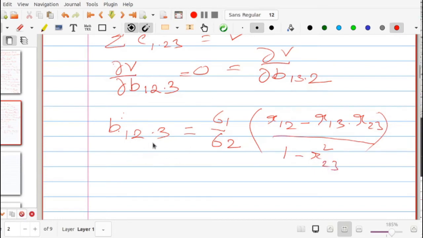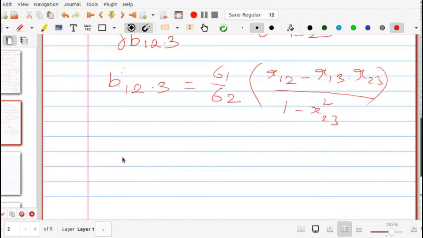So this is the relation between the regression coefficient of 1 on 2 keeping 3 fixed and the correlation coefficients. This is an important outcome. Similarly, we have another coefficient, and we will subsequently plot this in R and see how to find it out so easily. But you should understand the underlying mathematics. That's the whole idea of showing it.